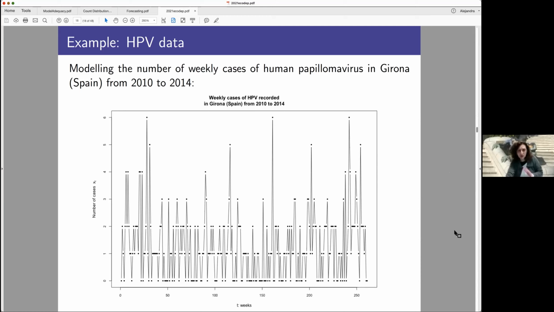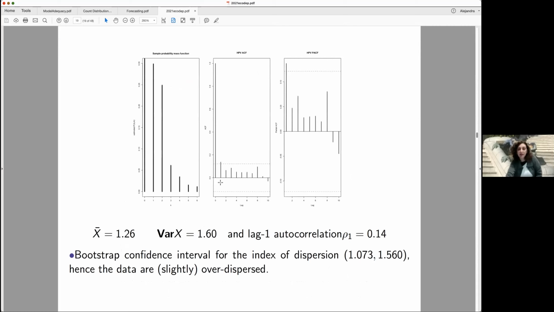So this process is reasonably stationary. We can check the autocorrelation function rapidly decreasing to zero. And we have the partial autocorrelation function, which only has a spike at lag 1.